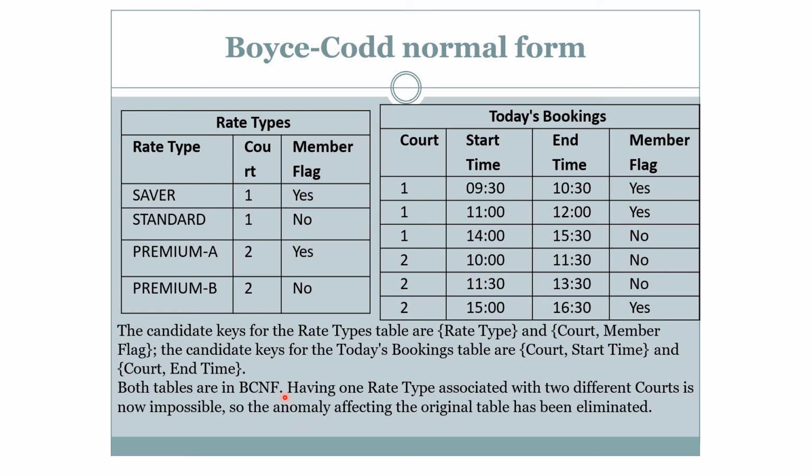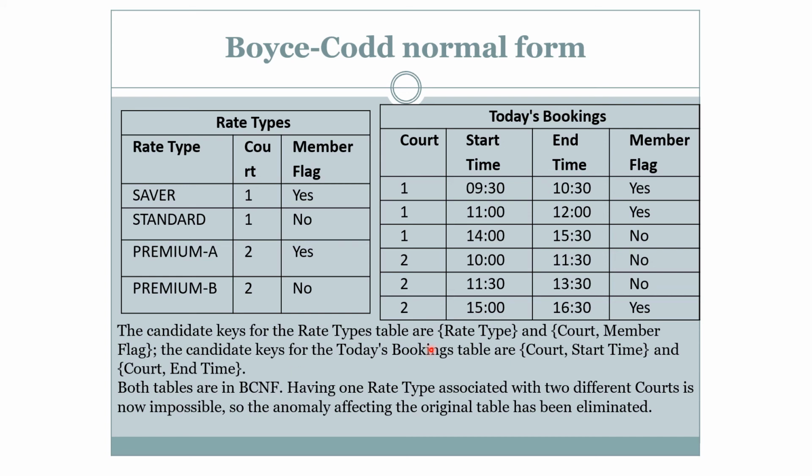The candidate keys for the rate types table are rate type and court member flag. Rate type and court member flag. Court member flag. These three. The candidate keys for today's booking table are court comma start time and court comma end time.